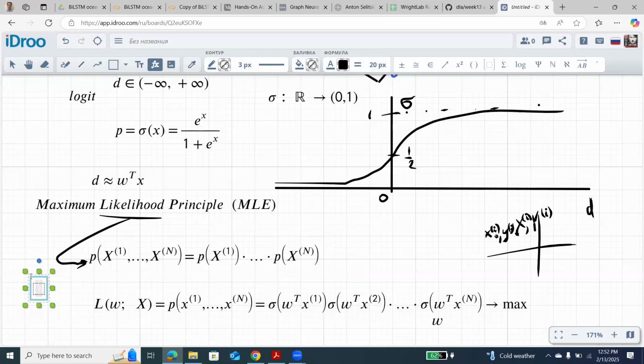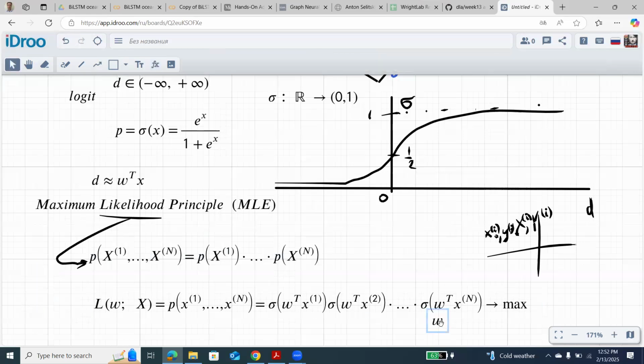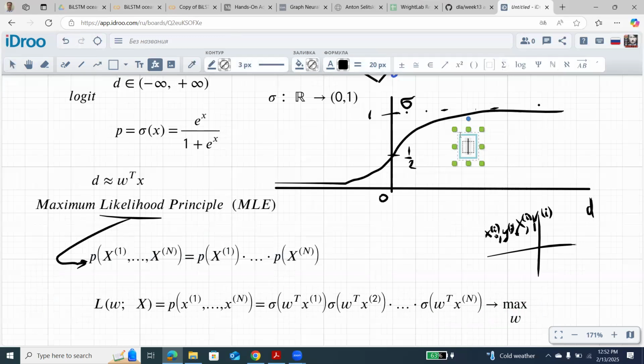If you observe different data, you will get a different function, and you will learn a different decision boundary. And the line that you learn from this is called logistic regression.